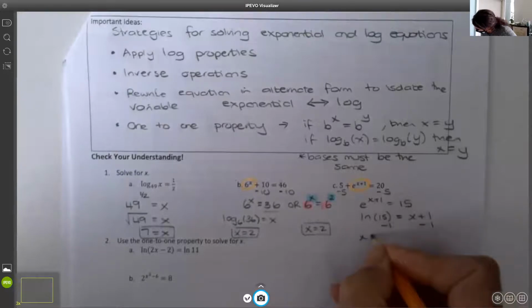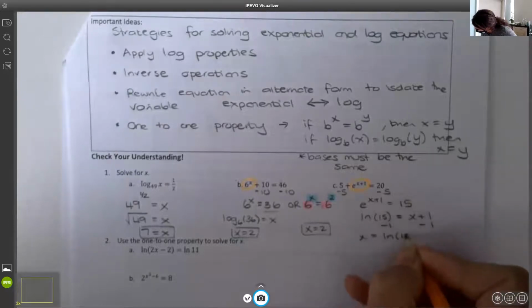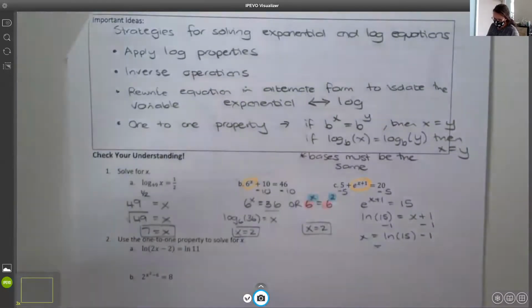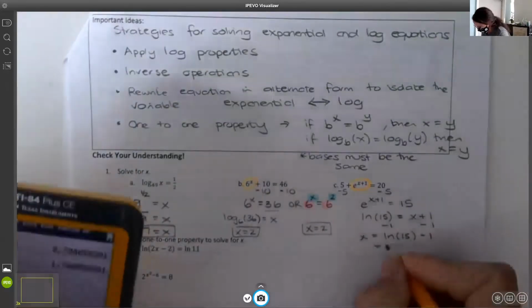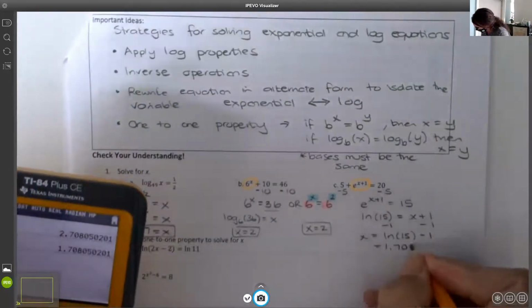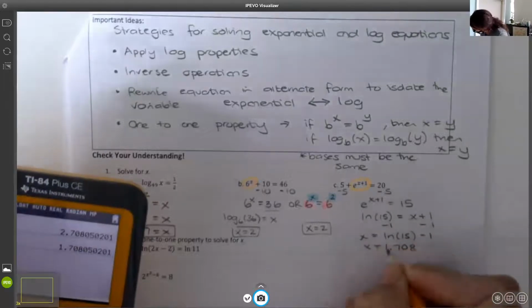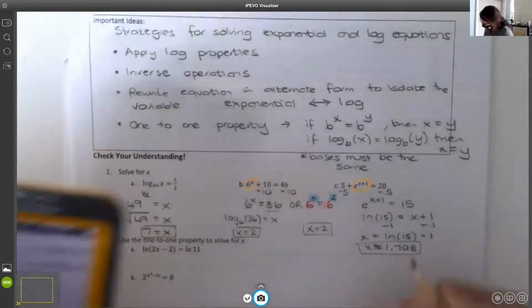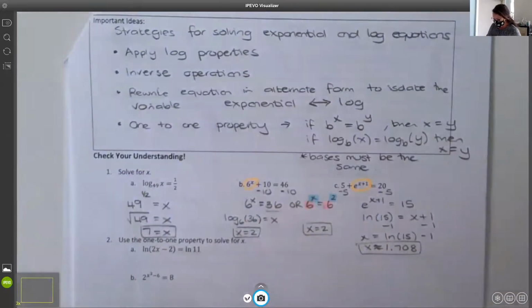And then you would just subtract 1, so you would have ln of 15 minus 1, and you can put that into your calculator. And that's approximately 1.708.